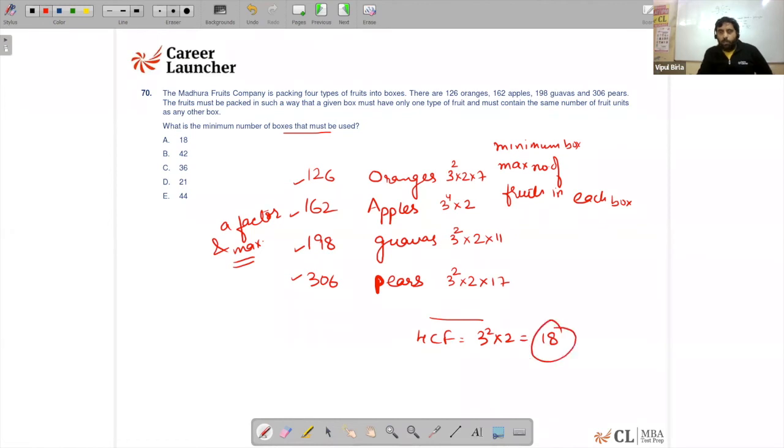That means we have to pack 18 fruits in each box to have the minimum number of boxes. So 18 fruits will make 7 boxes for this, 9 boxes for this, 11 for this, and 17 for this. So 7, 9, 16 plus 11, 27 plus 17 is 44, the answer to this question.